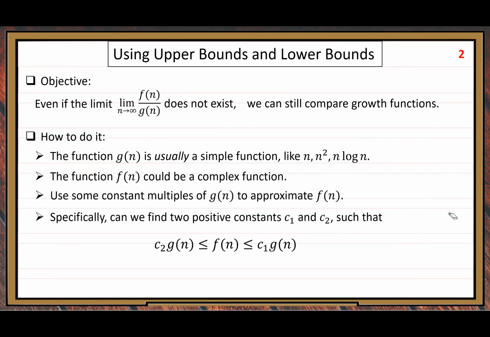All right, so you have a growth function f of n, but when we compare it with g of n, it is greater than C2 constant coefficient multiple, and it's less than C1 times g of n. We know C1 and C2 belong to the same category, right?